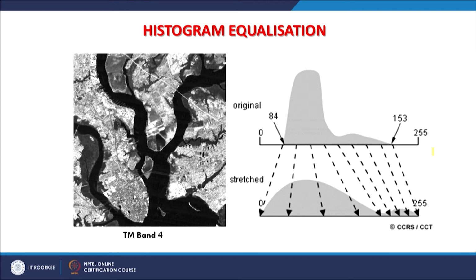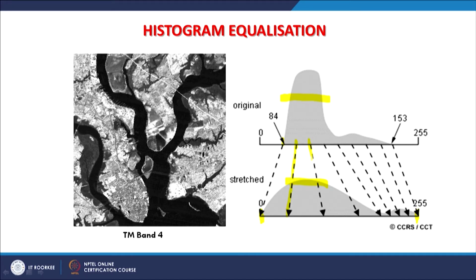The height which was available here has reduced because of redistribution of the mid-range values into the available range, which is 0 to 255. Earlier, values were distributed only between a minimum of 84 and a maximum of 153. Now the minimum value is 0 and the maximum value is 255, and mid-range values have been redistributed.